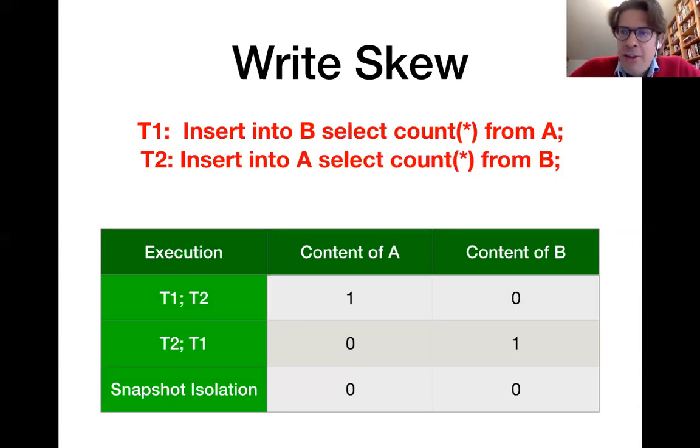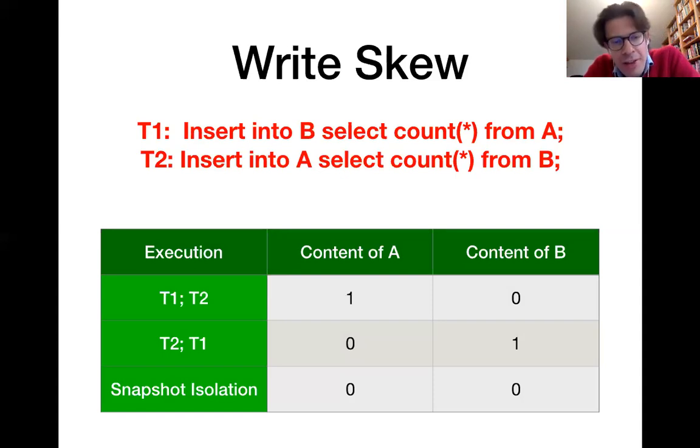Okay. So if we want to find out whether we get to a result that could have been generated by a serial execution, then maybe first of all, we want to think about all the possibilities for serial execution. So here we have two transactions. So we have a choice about which of them we execute first, and that creates two possibilities.